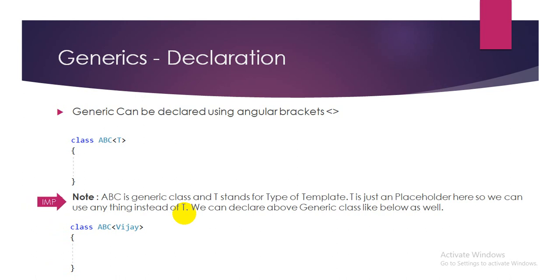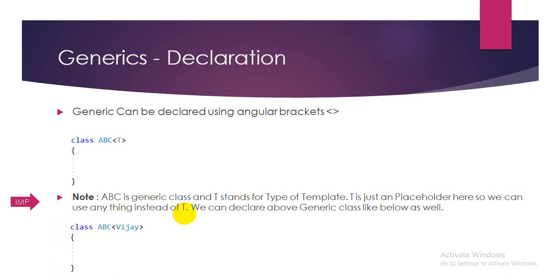In most of the examples which we found on the internet, the placeholder name is T, because T is standard. T stands for template, or you can say T stands for type. That's why we usually use T while writing generic code.